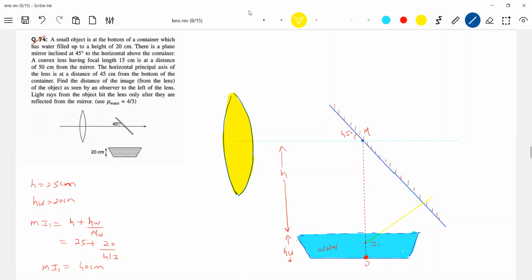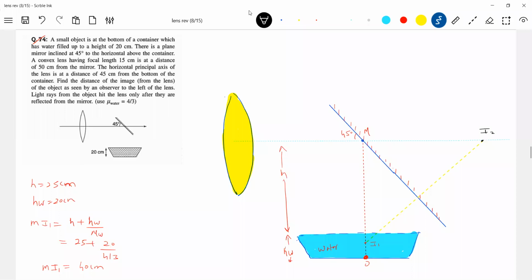So mirror, where it will form? It will form on this one.